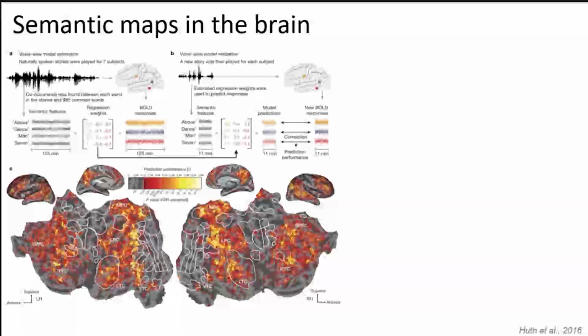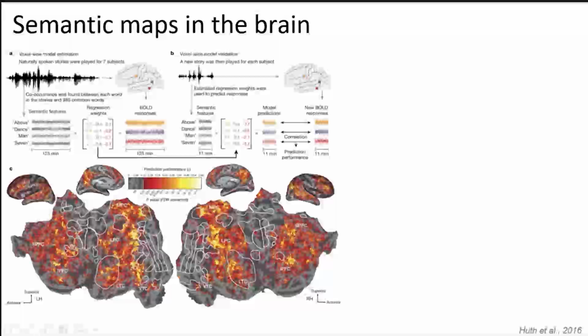So we kind of hone in on the semantic information from the word embedding and use it to predict the brain activity, okay? He used simple linear regression to predict the brain activity from the word embedding, okay? And then he compared, of course, the predictions with the actual BOLD responses per voxel.